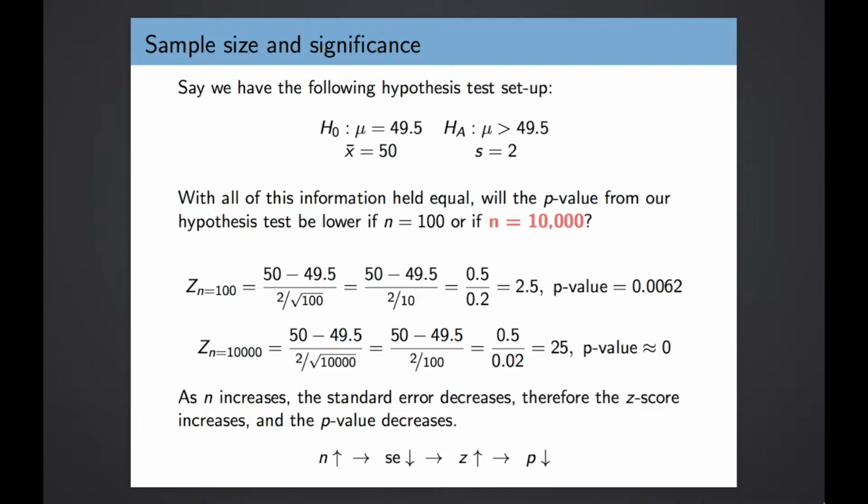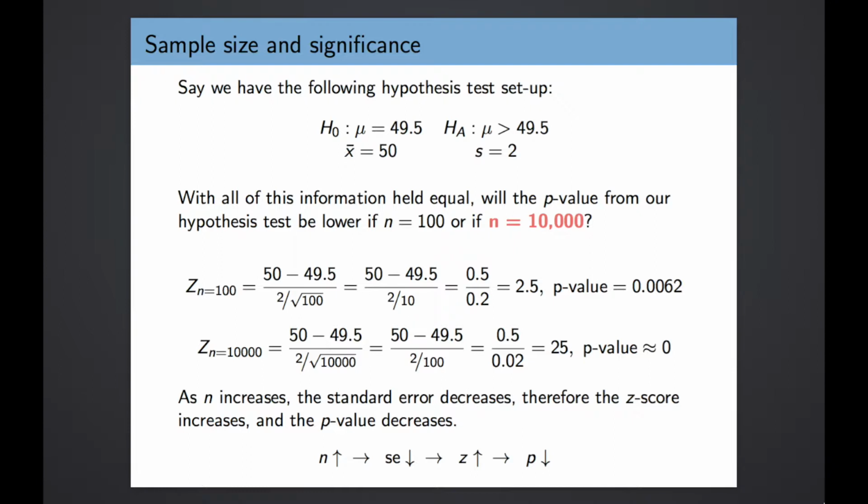So that's a significant p-value of 0.006, but when n is 10,000, the standard error in the denominator of this formula is 2 over the square root of 10,000. So that's an even smaller value. When we divide by a smaller value, we're going to get a larger z-score, which is going to be associated with an even smaller p-value.